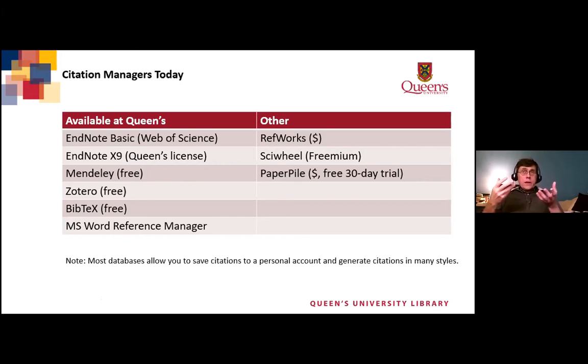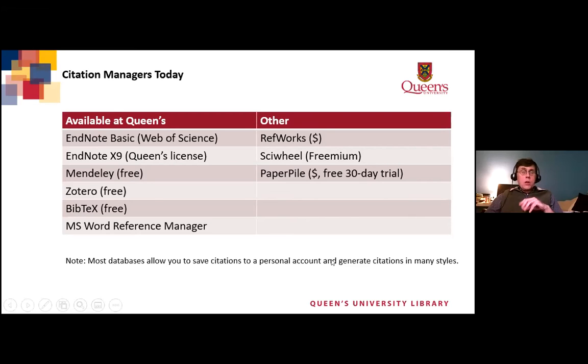All you have to do is create an account, and as you're doing your searching, you can save references into your account. They're really not citation managers, but they are a way for you to save references so that you have them on hand as you're searching.